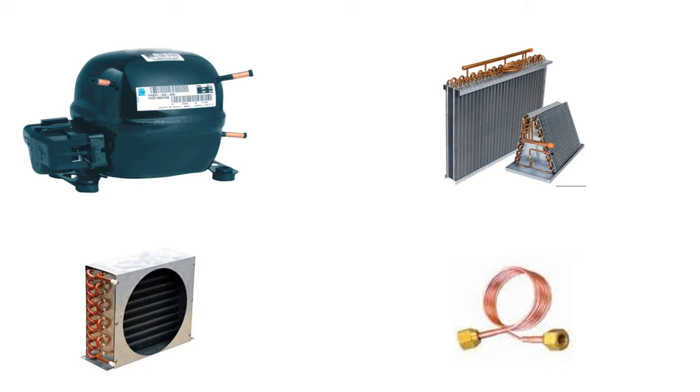Let's talk a little about the common parts that all systems will have, whether it's a refrigerator, a freezer, or an AC system. The picture on the upper left is a compressor. It's what is used to pump the refrigerant around the system. You will learn all about the different types of compressors in future classes.